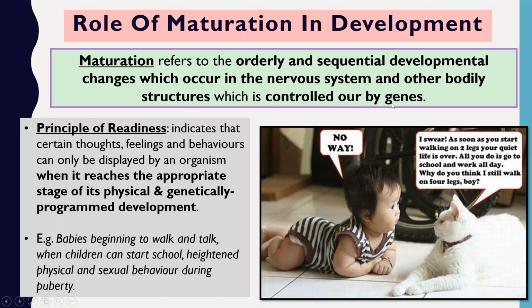Now obviously, when we're talking about physical development, it is very much influenced by your genes. The kind of facial structure you get, the kind of bodily structure you get, even things like hormonal release and how you respond to certain types of medication are influenced by your genetics.